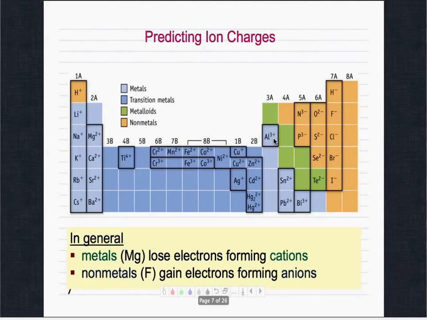Now, as we go to 5A, those are going to gain electrons. Okay, so this part of the periodic table, they're going to lose electrons, so they are cations. And this part, they're going to gain electrons and they're going to be anions.